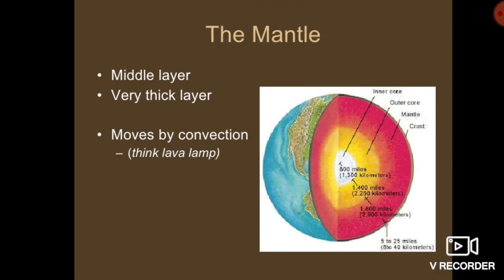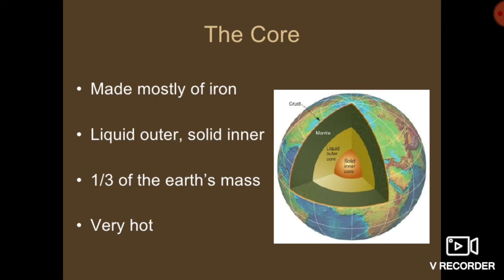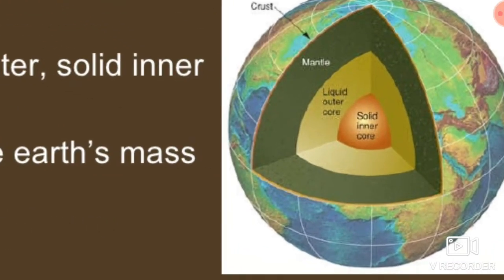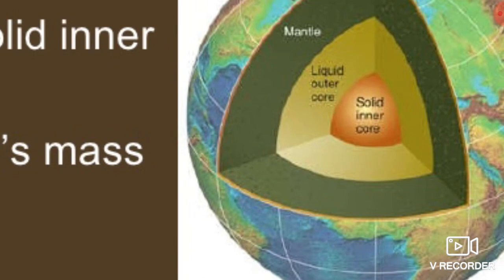Now we come to the third layer of the earth, that is the core, which is again divided into two parts. First one is outer core, that is in liquid state. You can see here written the liquid outer core.